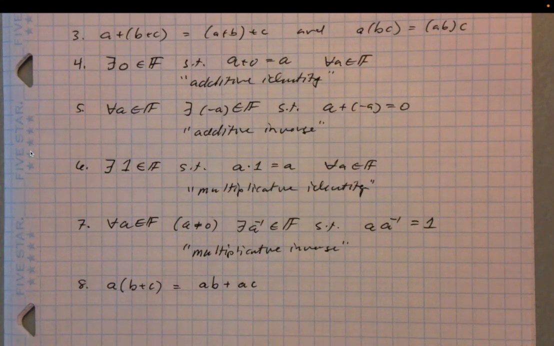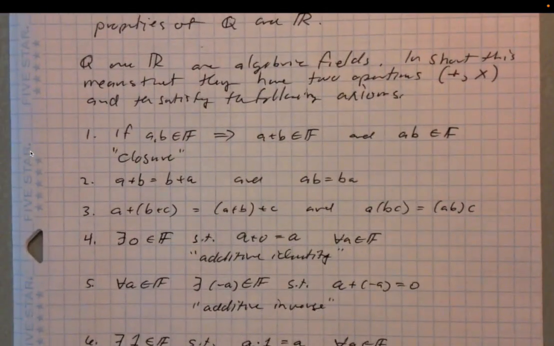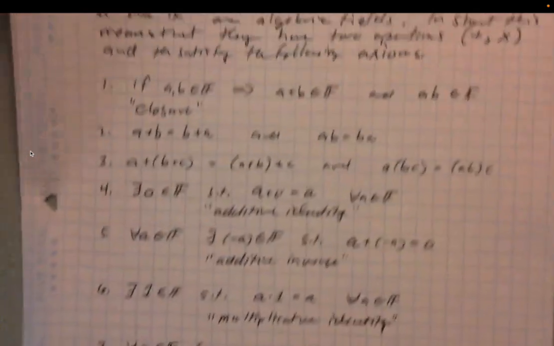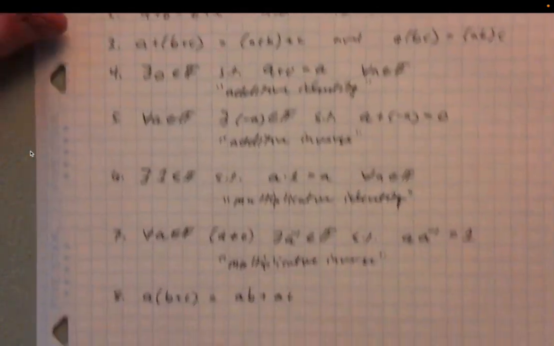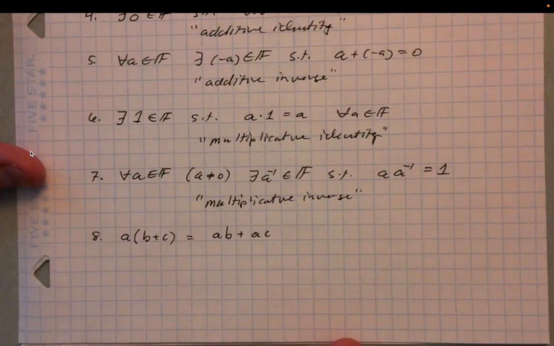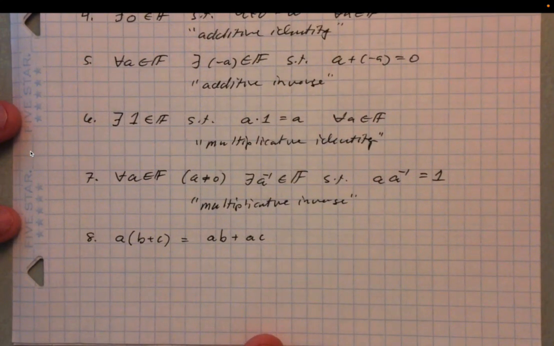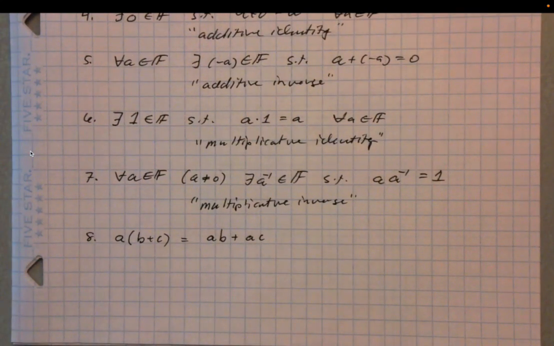All right, and so these are the 8 properties of fields that we need to have in our toolkit as we go forward, because we're going to be proving a lot of things that are pretty subtle, and we're going to be falling back on some of these properties of fields in order to accomplish those proofs.